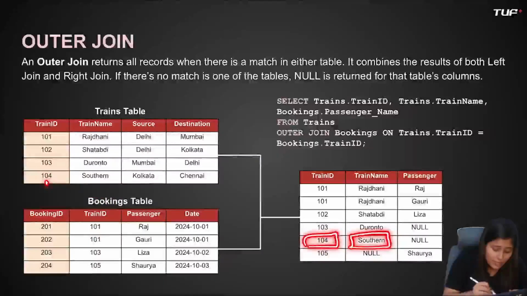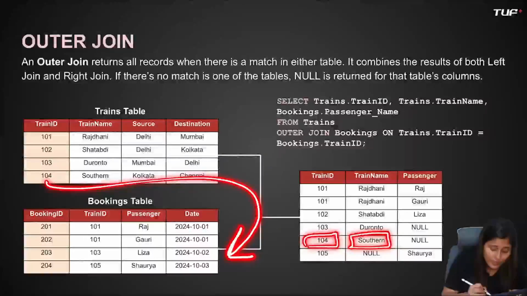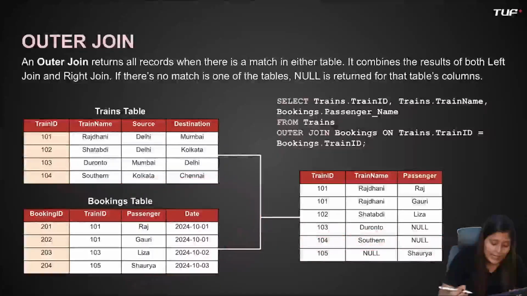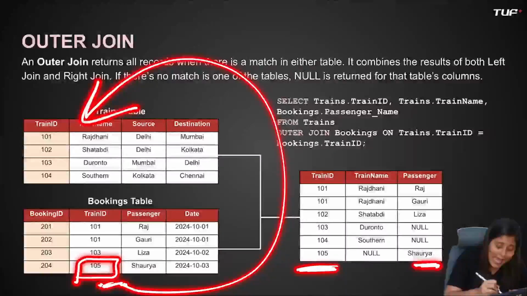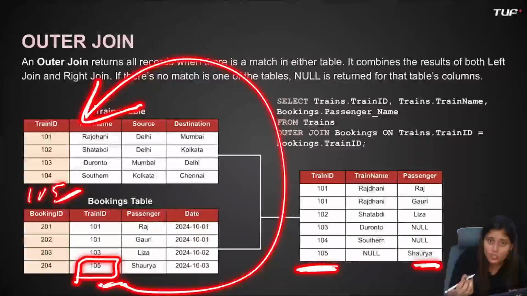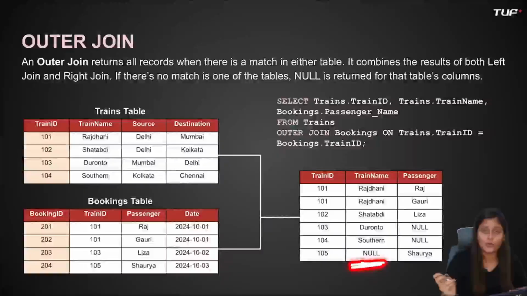But as 104 is not in the right table, we cannot find the passenger name, so for that we will give the null value. Now for 105, as it is there in the bookings right table, we'll write 105 and the name. But the train name we need to find from the left table. As train ID 105 itself is not there in the left table, the train name is also not there. So we'll consider the value as null.